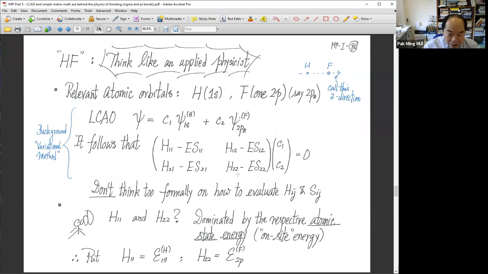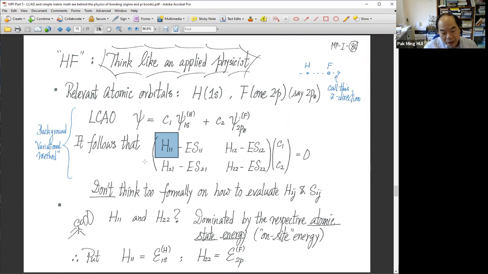Now you may even go further. What is this H11? If I call this 1, call this 2, H11 should be something like H1s on the left, H1s on the right. You have the full molecule Hamiltonian. Nonetheless, since the two atomic states are the hydrogen 1s, it will sense the hydrogen nuclei more.